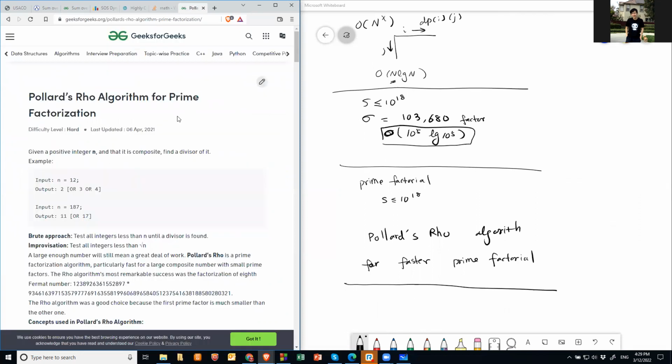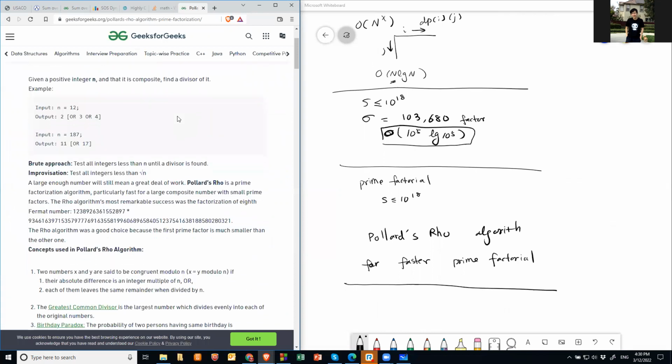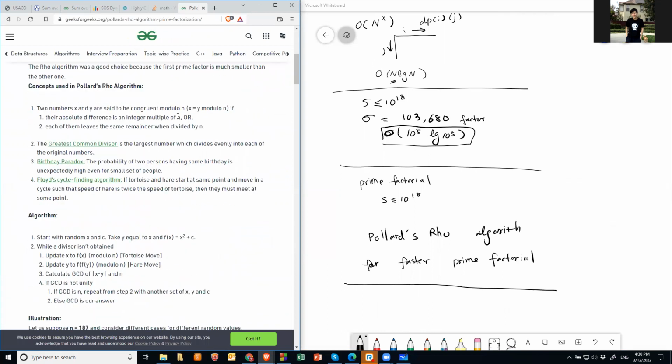So there is a GeeksforGeeks implementation of this, and those things you need to know ahead of time, right? This prime factorial calculation is a standard thing. You should have it in your library of code.